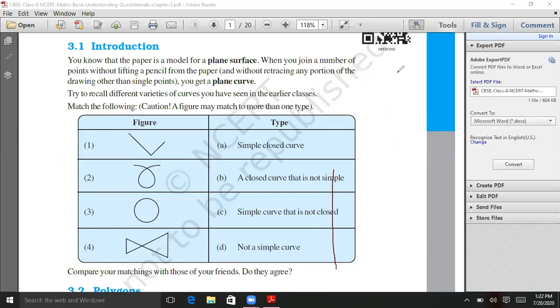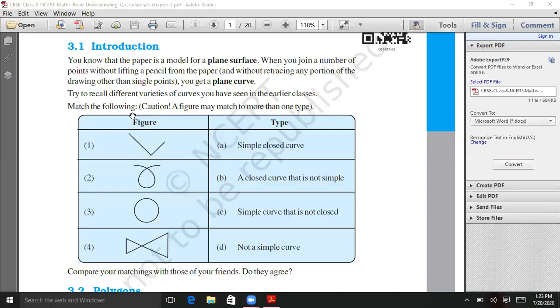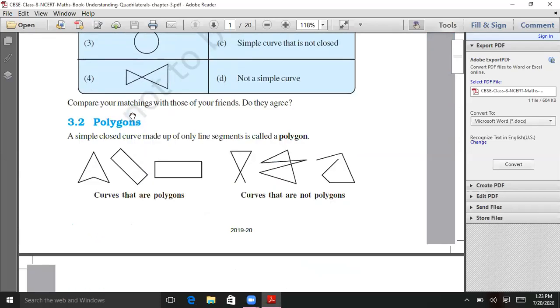So let's move next. Mainly we'll discuss the polygon here. Next we learn about the polygons. Here we have given curves that are polygons and that are not polygons.